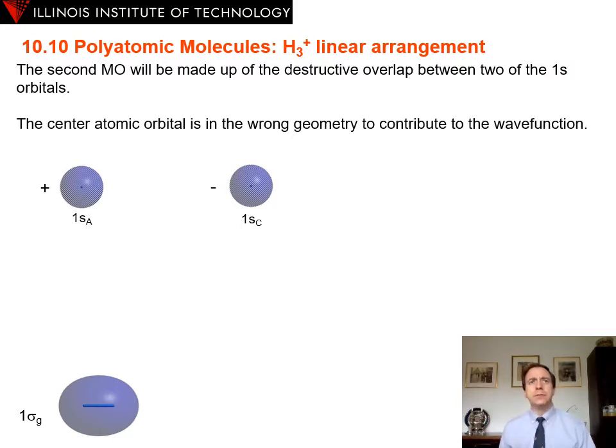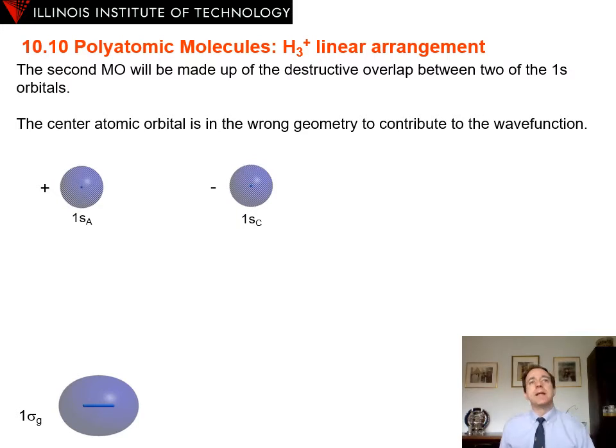The central hydrogen's 1s orbital is at the wrong geometry to contribute to this wave function. If we left it as a plus sign, then it would constructively overlap on the left side with the A, but destructively interfere with the negative sign on the C. So it would have a net non-bonding effect.